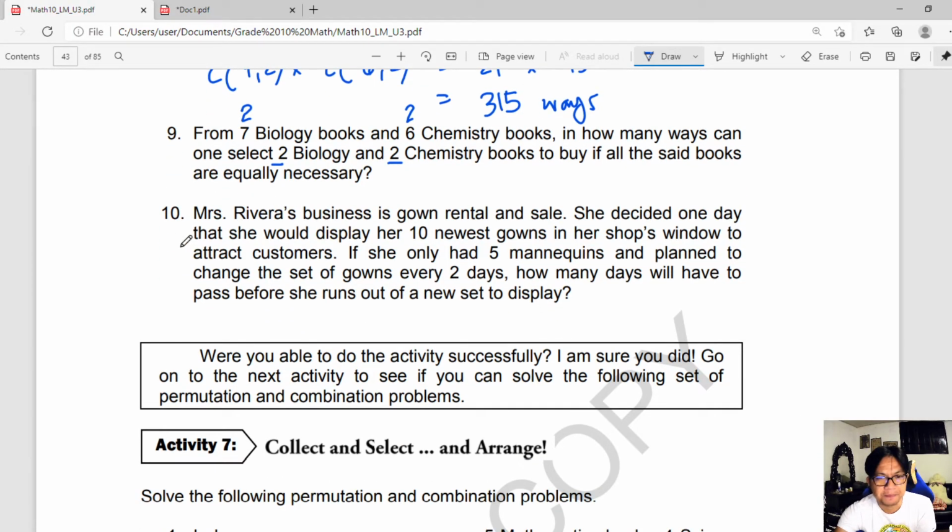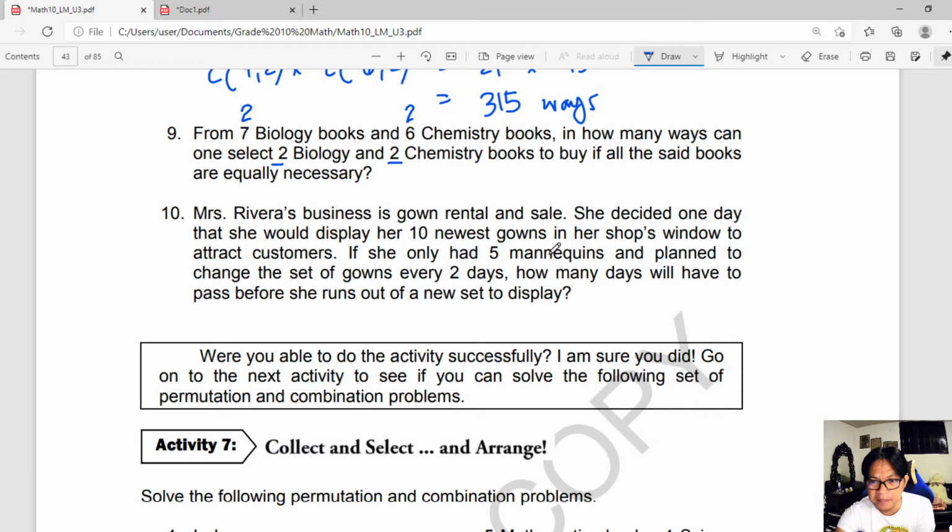Okay, number 10. Mrs. Rivera's business is gown rental and sale. She decided one day that she would display her 10 newest gowns in her shop's window to attract customers. If she only had 5 mannequins and planned to change the set of gowns every 2 days, so papalitan niya yung mannequins in every 2 days, how many days will have to pass before she runs out of a new set of display?